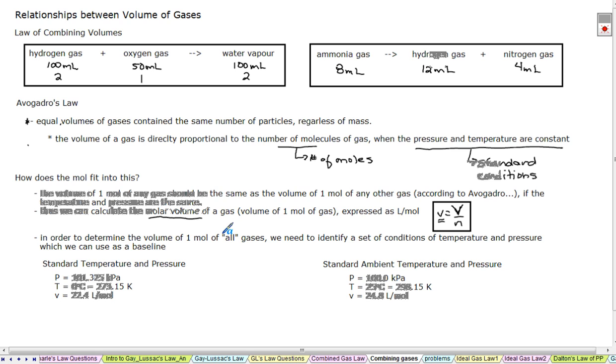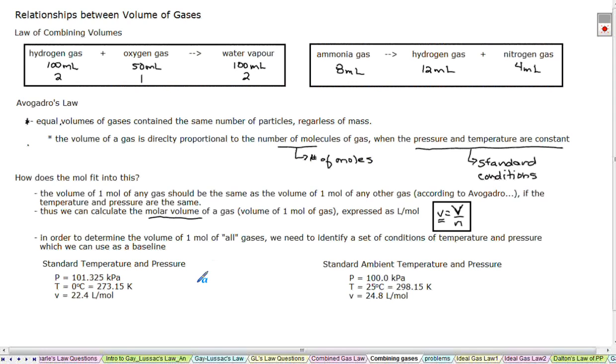Now, in order to determine the volume of 1 mole of all gases, we need to identify a set of conditions. And this brings us back to our standard temperature and pressure, which was the first condition set out by chemists.